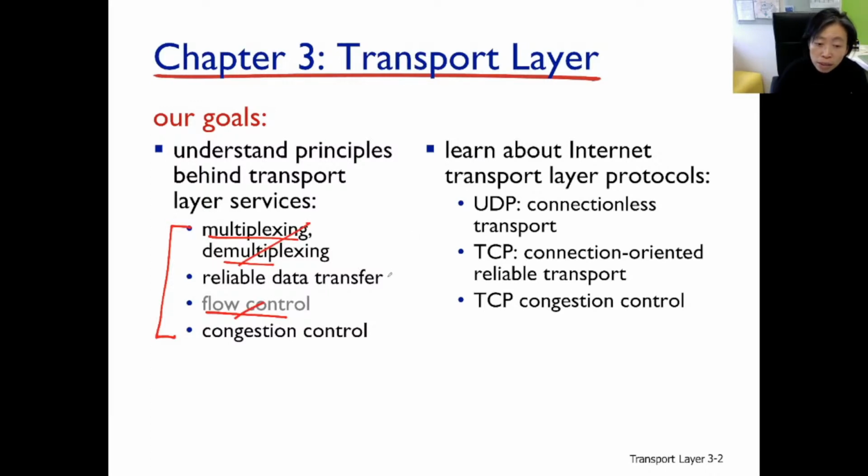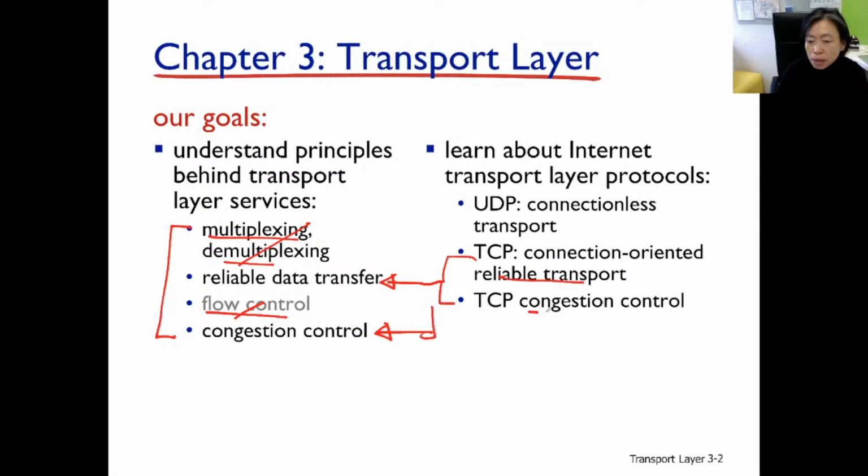Now, what's going to take us quite a bit of time is reliable data transfer. And then slightly less, congestion control. All right. And both of these functions are implemented in TCP.